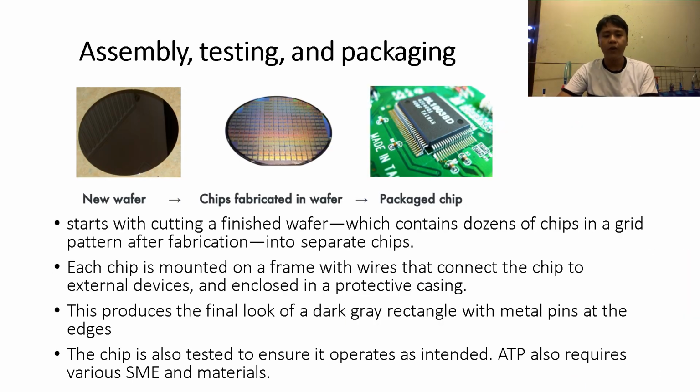And now we are on assembly, testing, and packaging. It starts with cutting a finished wafer, which contains dozens of chips in a grid pattern after fabrication, into separate chips as illustrated in the figure below.